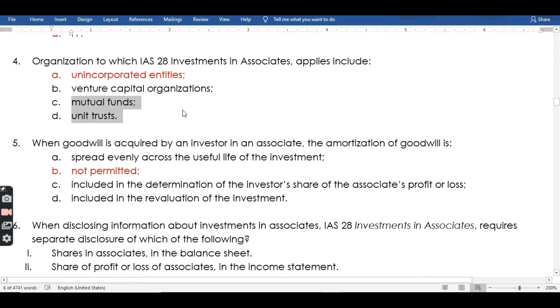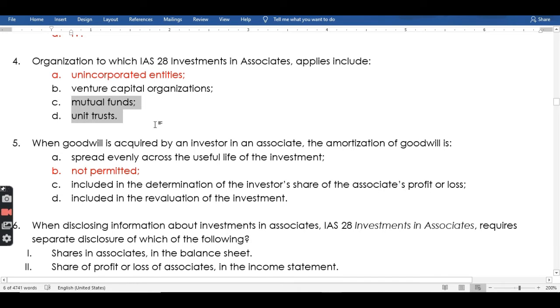Di ba? Parang pool of funds kasi yan. So ibig sabihin, kahit sabihin mong yung mutual fund or yung unit trust organization bumili ng malaking amount ng investment doon sa isang investee corporation, hindi pa rin siya pwedeng ma-recognize or hindi pa rin siya pwedeng ma-consider as an associate kasi yung mutual fund is owned by various entities and individuals na hindi pwedeng ma-consider or ma-account as an investment in associate.